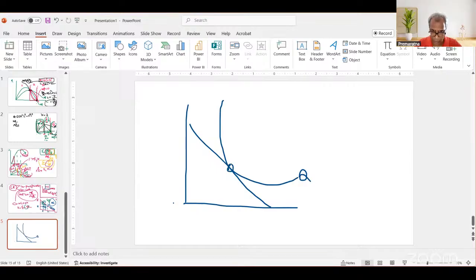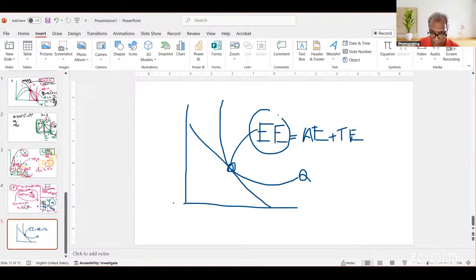So at this point both are satisfied, which means producers reach the economically efficient point. Any other point, we don't get the economically efficient point.